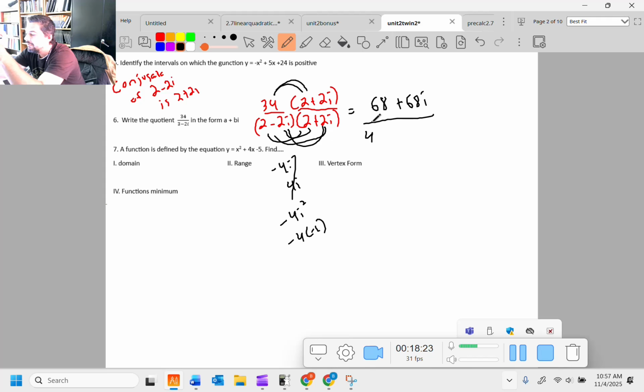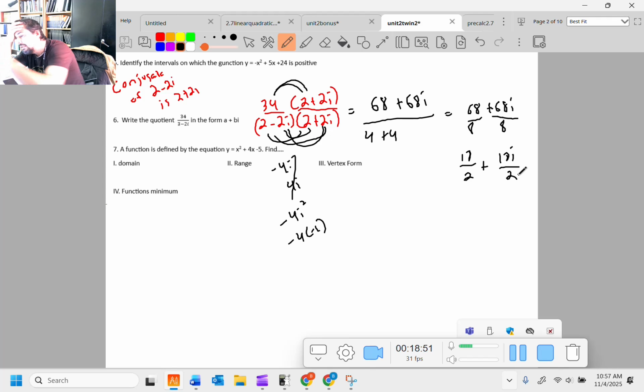And then -4 times -1 is +4. So what do we have thus far? Thus far we have 68 plus 68i, both pieces sitting over 8. And there's a reduction that's doable. Both those numbers are divisible by 4. I guarantee you they are. 4 enters 68 17 times. 4 enters 8 twice.